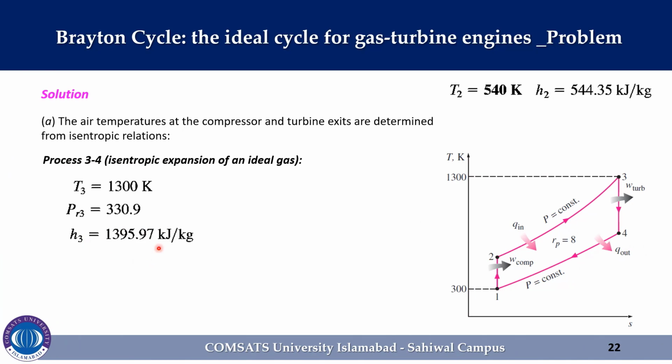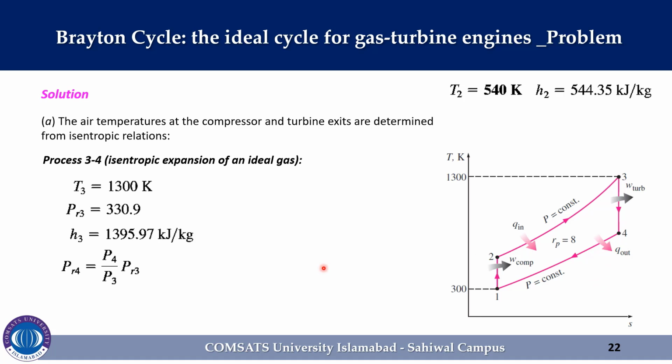Now as we already discussed, we have to adopt the same method or technique as we used for the temperature at compressor outlet during process 1 to 2. So use the pressure ratio relation. It can be expressed for process 3 to 4 as PR4 is equal to P4 over P3 multiplied by PR3. We know that the pressure ratio P2 over P1 is 8, while we also know that the pressure at state 2 is equal to the pressure at state 3 and the pressure at state 1 is equal to the pressure at state 4.